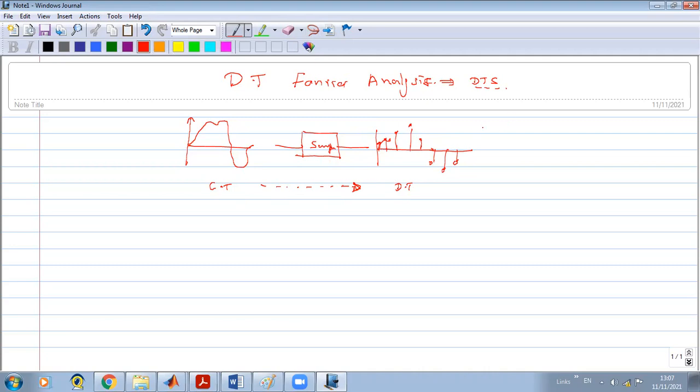So one advantage is that we have already discussed. If you want to store this signal in an electronic memory, in RAM or ROM, here you have an infinite number of samples, no? You have an infinite number of values.